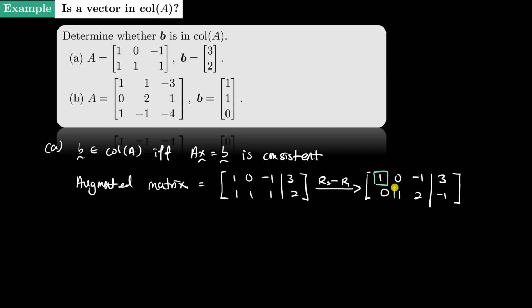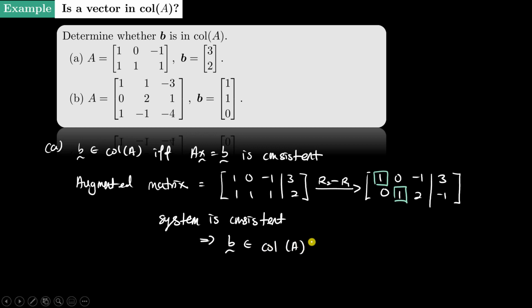One's a pivot, this is another pivot. So as you can see, the system is consistent because the augmented column has no pivot. So therefore, we say the system is consistent. This implies that b lies within the column space of A, and that is the answer for part a.